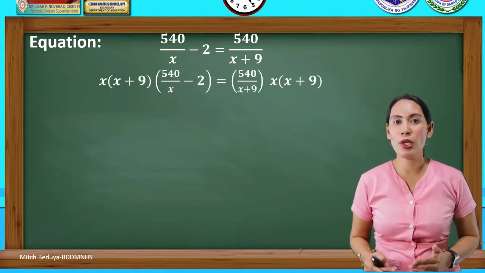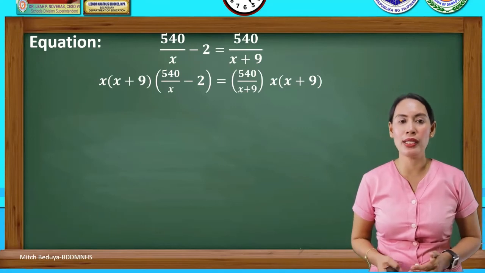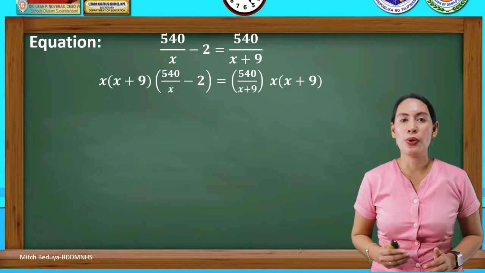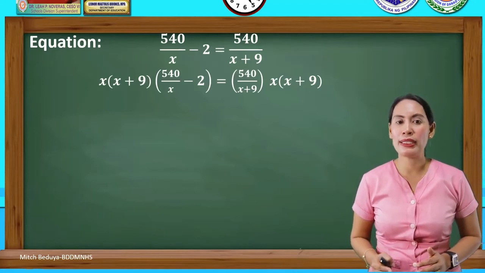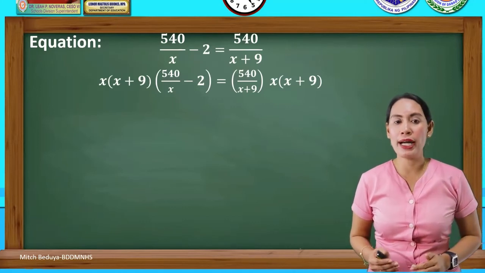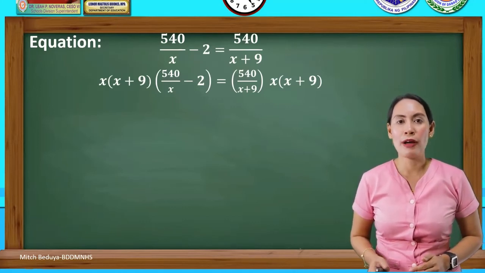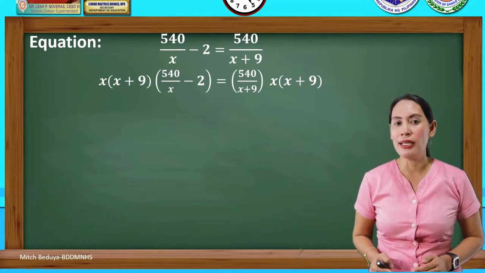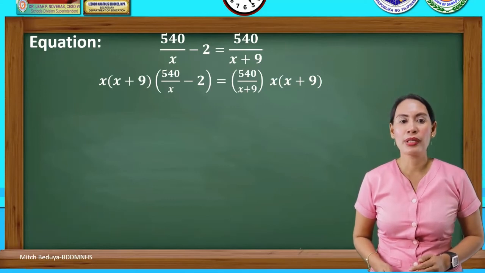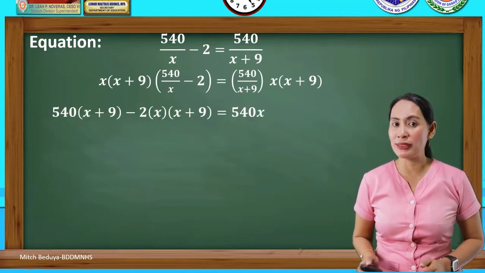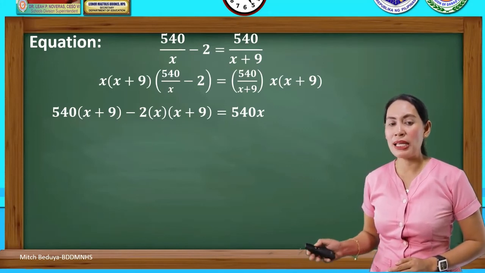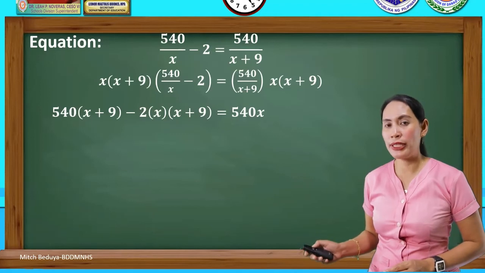By applying the multiplication property of equality, we multiply both sides of the equation by the LCM. So x times the quantity x plus 9 times 540 over x minus 2 equals 540 over x plus 9 times x plus 9. So we have 540 times x plus 9 minus 2 times x plus 9 equals 540x.